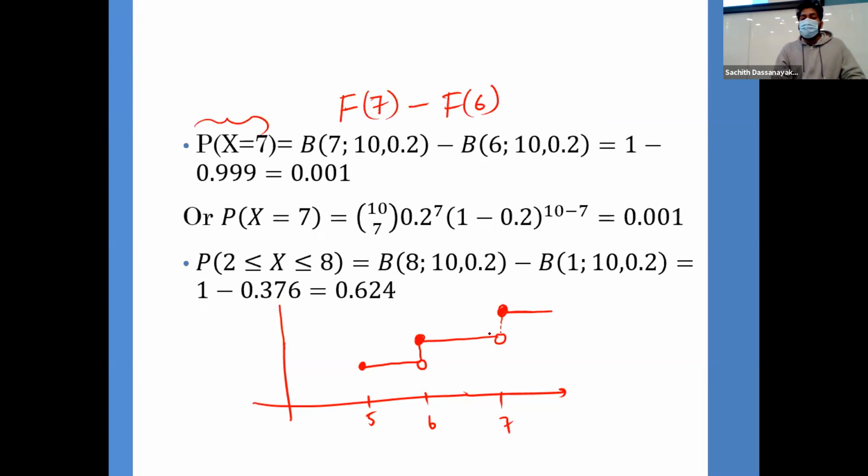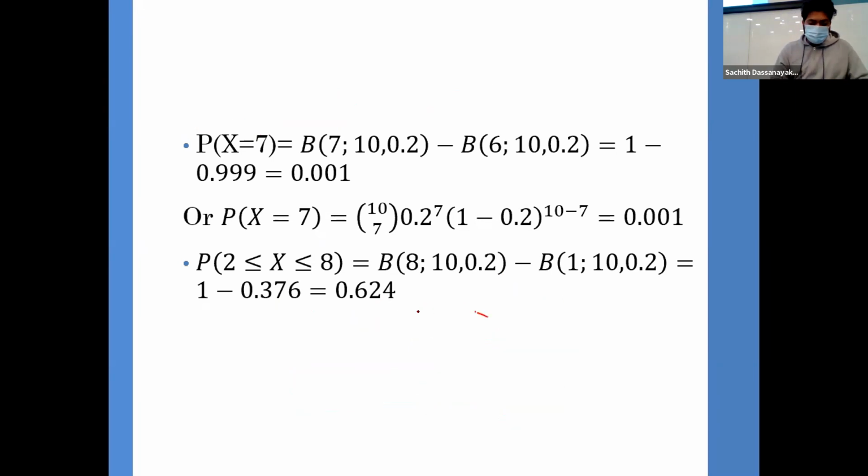If you need only this value, you simply get this value and subtract whatever you have up to 6.